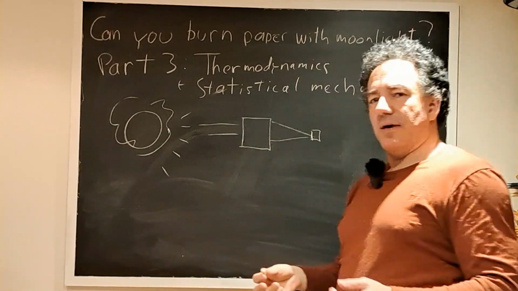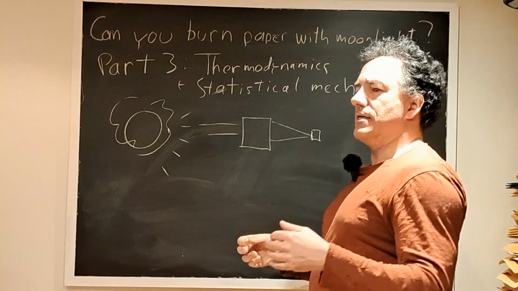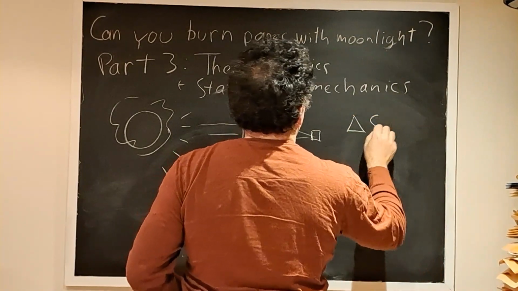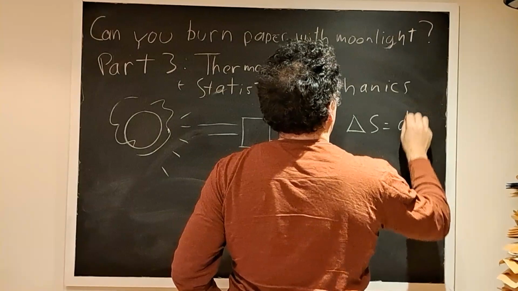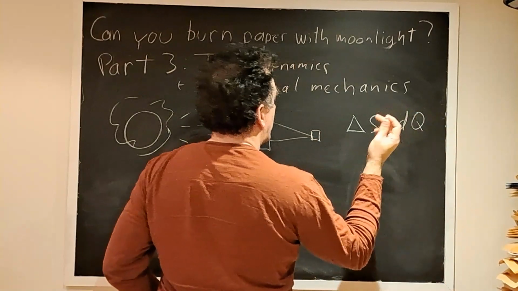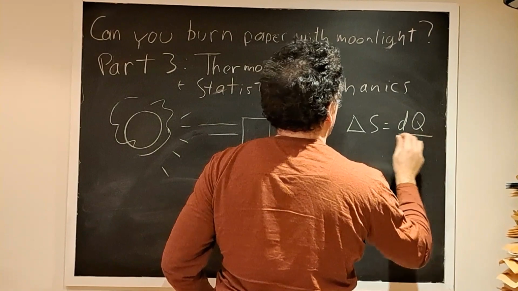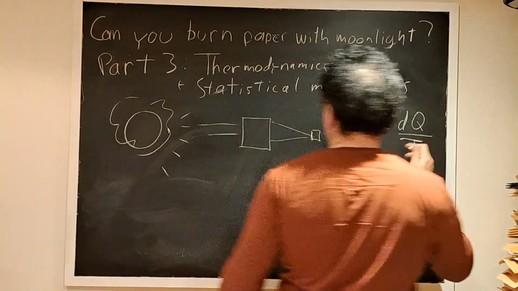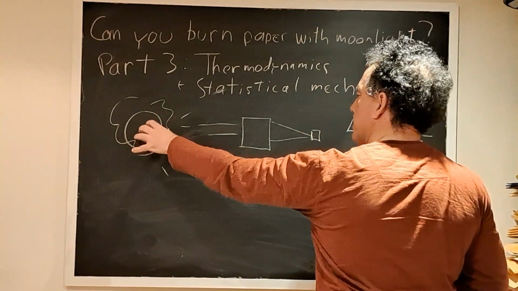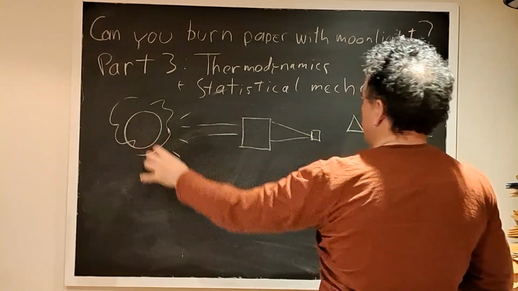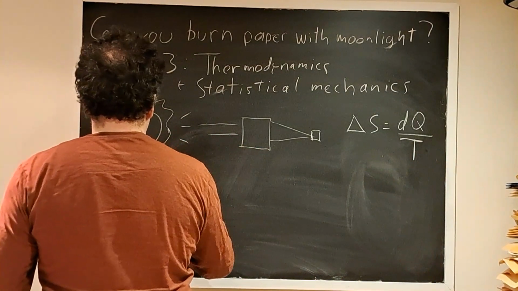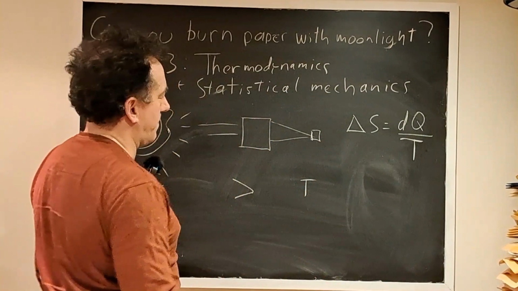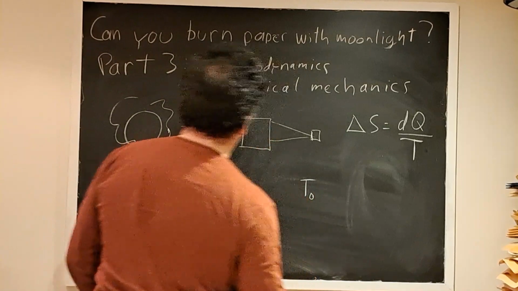Now we know from thermodynamics that the increase in entropy, given by an exchange of heat dQ, is equal to dQ divided by the temperature of the object. So let's look at our setup. The sun is really hot to start with, and we have a temperature here, the temperature of the sun, which is greater than the temperature of our object here, the temperature of the object.